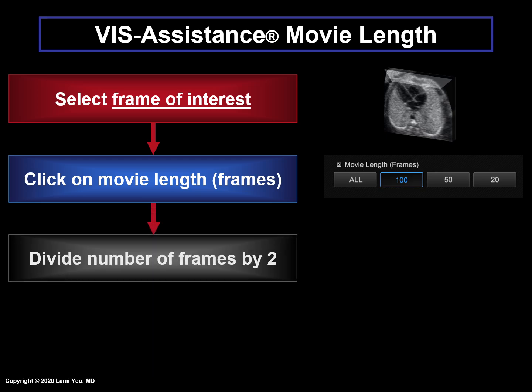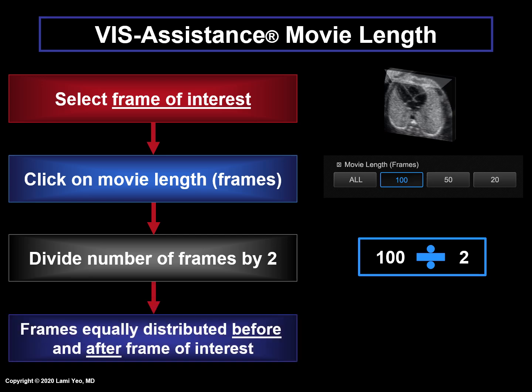The Find software then divides the number of frames by 2, in this case 100 divided by 2, which is 50. This number of frames is equally distributed before and after the frame of interest. So the final movie length will contain 50 frames before the frame of interest and 50 frames after the frame of interest. Let's explain this in more detail.